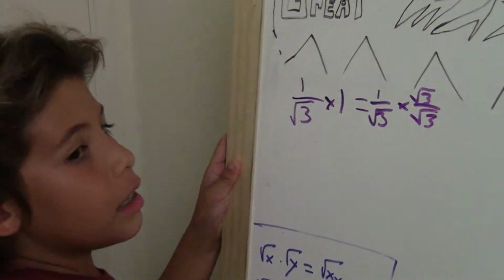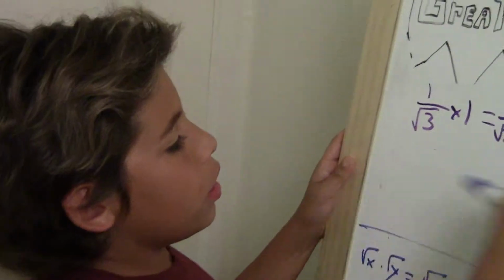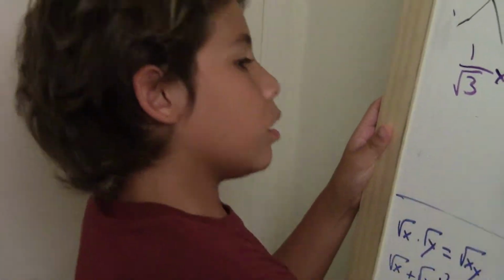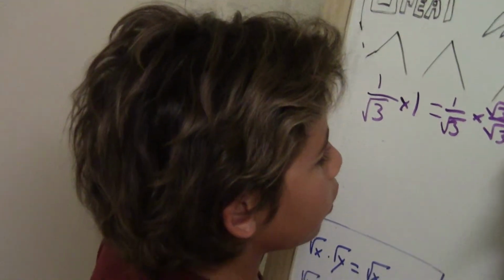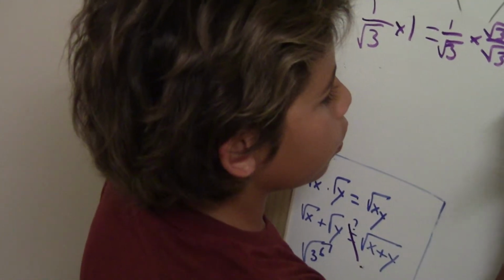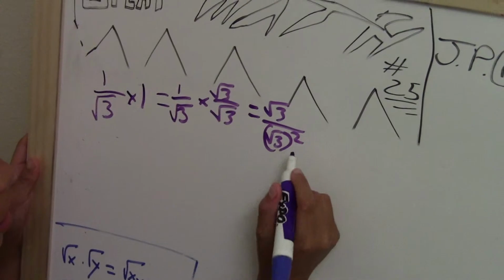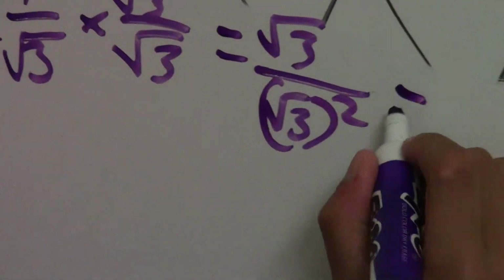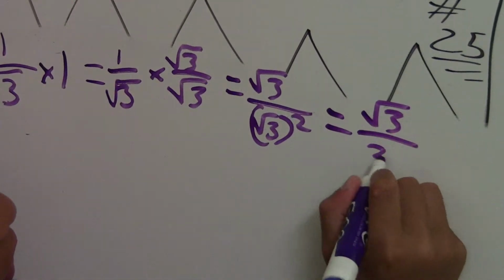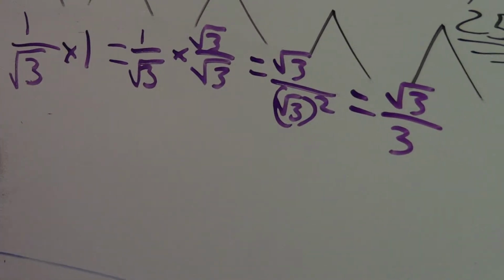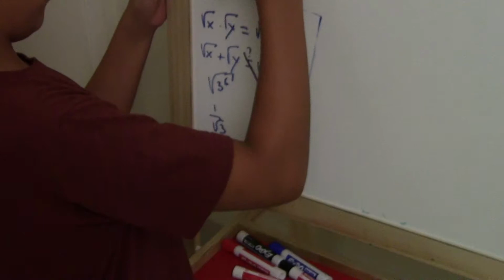Remember, 1 can be anything as long as the numerator and denominator are the same thing. After that, it's the square root of 3 over the square root of 3 squared, and the square root takes out the square, and that equals the square root of 3 over 3. That is our answer.